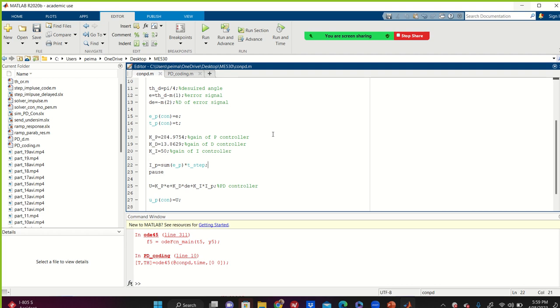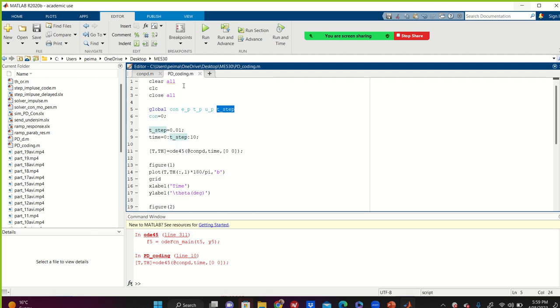So this is the integration of E dt. But integration in MATLAB coding means sum that vector in T step. Even though you put T step here, you can put it inside here. It doesn't matter because it's a constant number. So clear, guys? Yes?